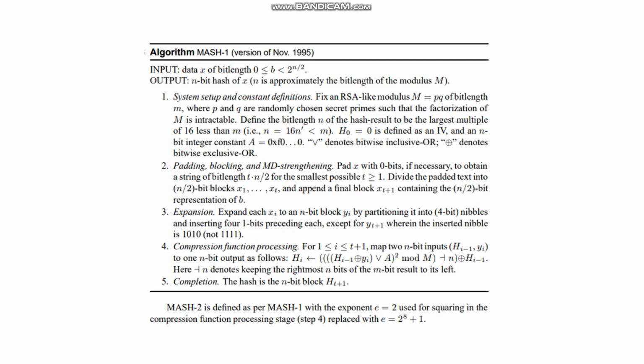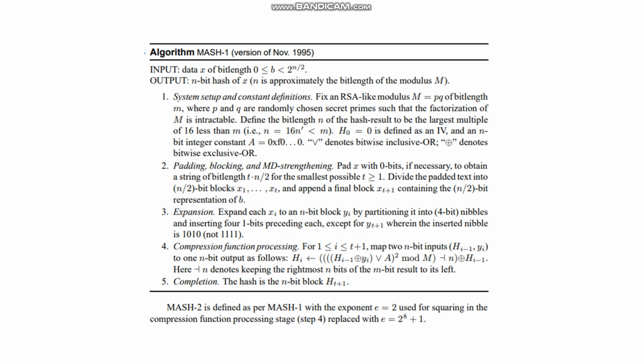System setup and constant definition: fix an RSA-like modulus m equal to pq of bit length m, where p and q are randomly chosen secret primes such that the factorization of m is intractable. Define the bit length n of the hash result to be the largest multiple of 16 less than m.